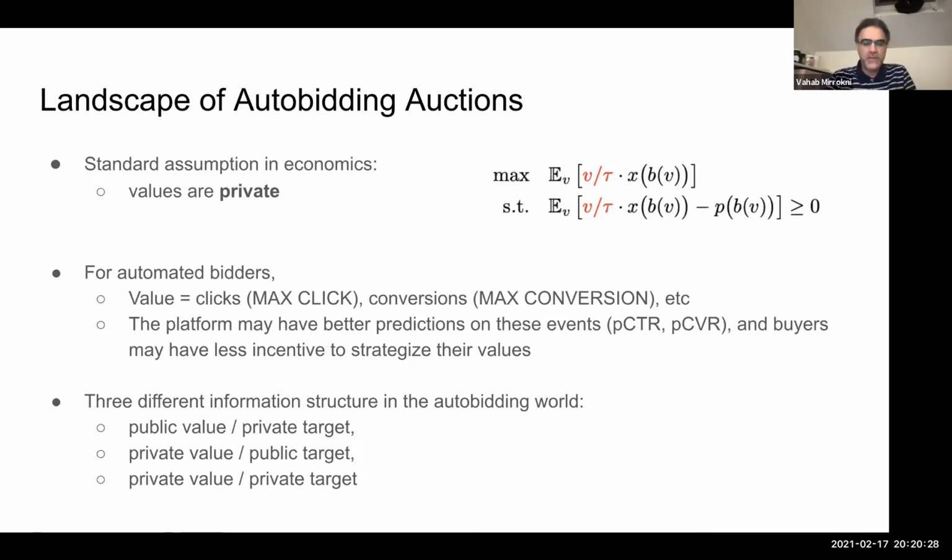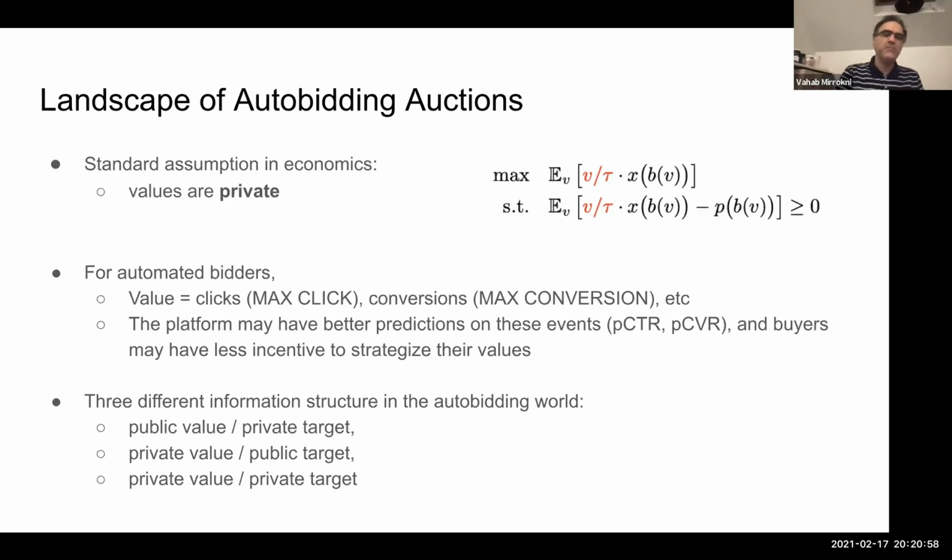And also, even if there is no certain machine learning system, the buyers in this type of environment may have less incentive to strategize for their values, because it's their conversion rate, for example, if it's their click-through rate. So if they game it, it has impact in other parts of their business. So as a whole, it makes sense to have a different type of information structure.